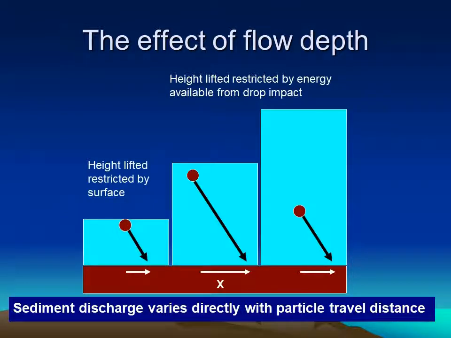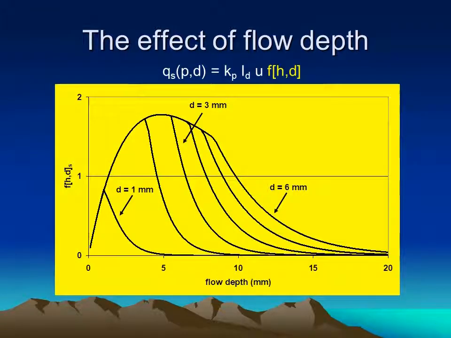And again, if the flow depth is shallower, then the water constrains how high the particles can be lifted. In the process, at fairly shallow flows, this function is small and increases until you get to a certain value, which is drop size dependent, and then it decreases as the flow depth influences the energy more.